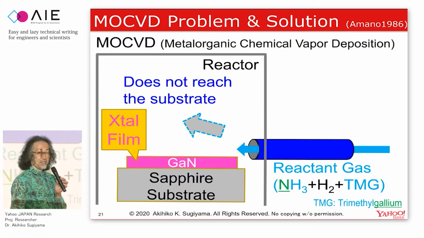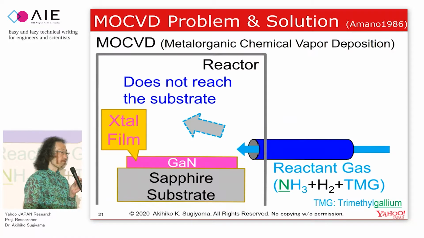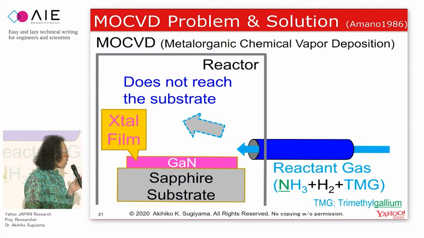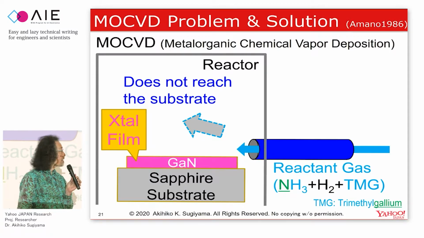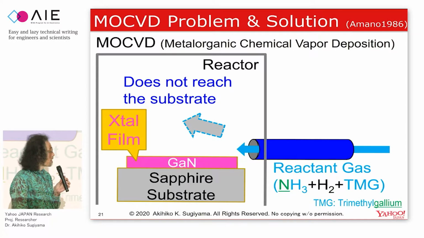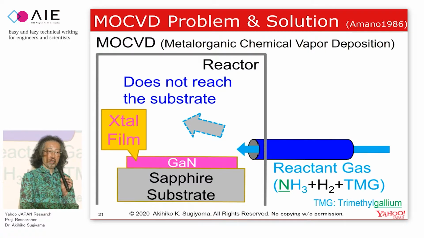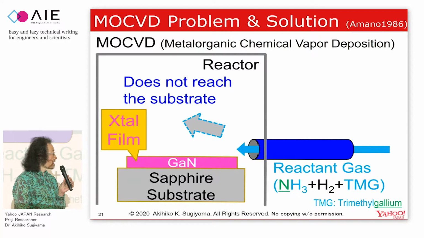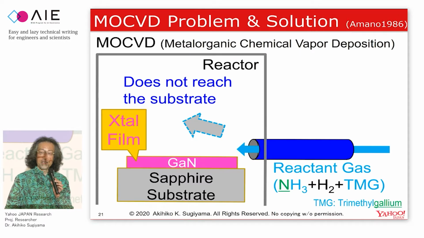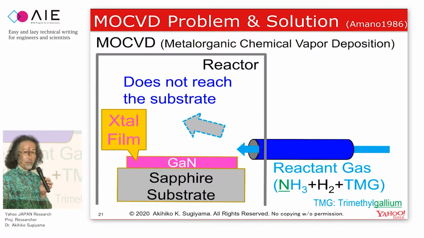By sending this reactant gas, he wanted to fabricate a thin film of gallium nitride over a sapphire substrate. This is a crystal film. This is what he wanted to do. However, the problem he identified is that the reactant gas actually does not reach the substrate. It will not form the crystal film. So that was the problem he wanted to solve.